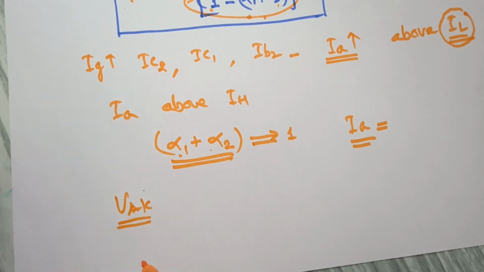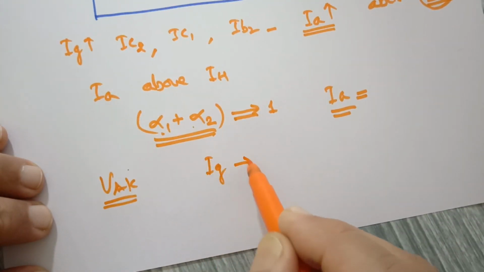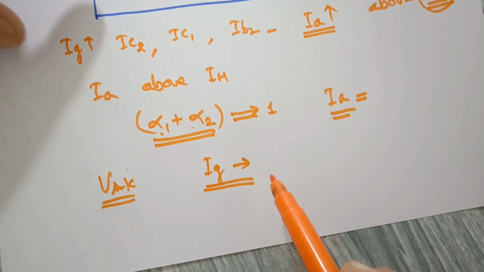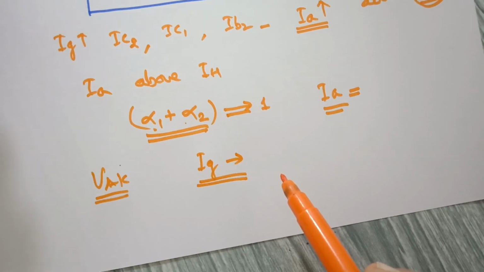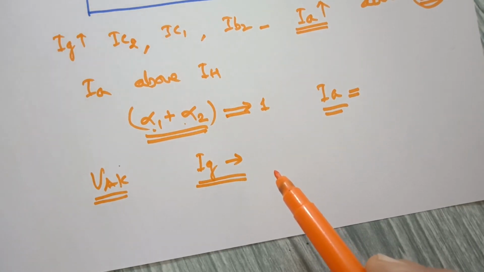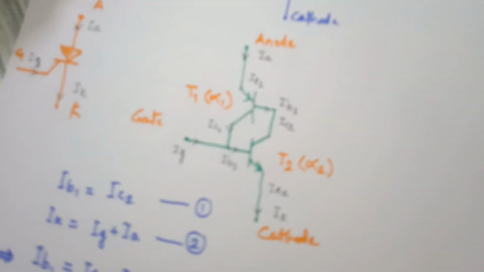And of course the last one, by injecting a small gate current, and this small gate current triggers the SCR and SCR fires. So this is how you can study the behavior of SCR by considering it made up of two transistors. So let us stop here.